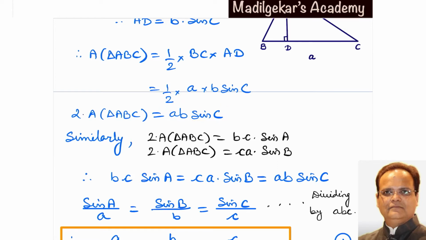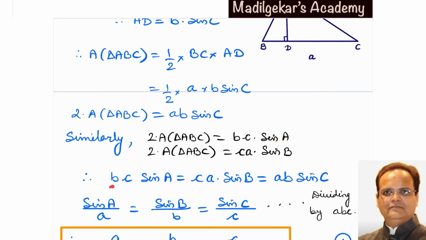Similarly, we can prove this by considering the other two angles A and B. Twice the area of triangle ABC equals bc sin A. Twice the area of triangle ABC equals ca sin B. As the LHS of all three equations are the same, the RHS must also be the same.